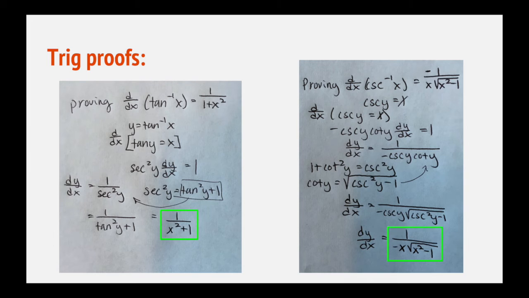Recall that cosecant y equals x. So we substitute all the cosecant y's with x, and the derivative of y equals 1 over negative x times the square root of x squared minus 1, which is what we should have.